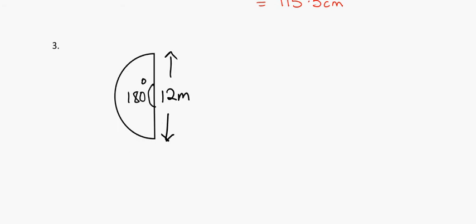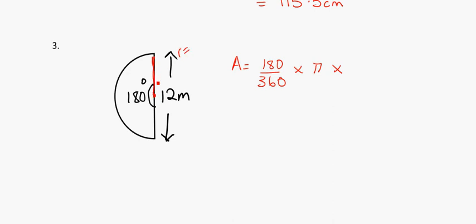Okay, number 3. Probably recognize this as a semicircle or a half circle, but just put your 180 degrees over 360. That's your fraction. You might recognize that will reduce to a half, times pi times, now we've got the diameter is 12, so the radius is half that. We only want the bit from here to here.